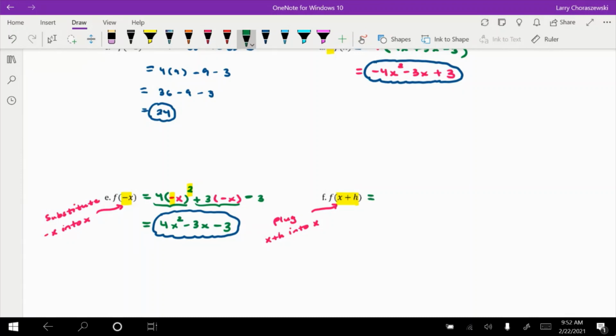So here's how you want to write it out. 4, and remember we're subbing in the expression x plus h into x. So instead of 4x squared, it's going to be 4 times x plus h quantity squared, plus 3 times quantity x plus h again, minus 3. Does that make sense?